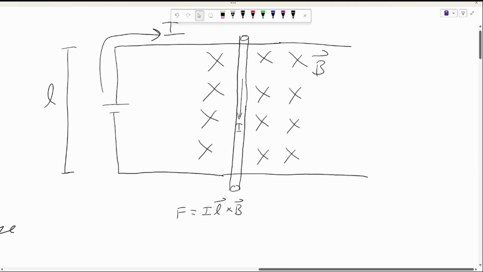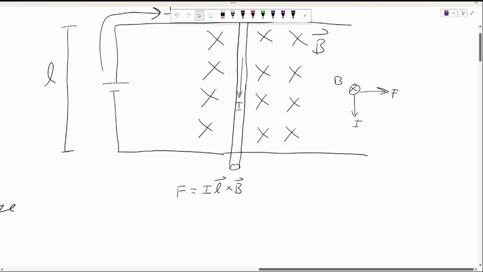First thing, you're going to want to use the right-hand rule to figure out which way the force points. If you do it the way I do it, your index finger should point down, your middle finger should point into the page with the B field, and then your force will point out to the right, your thumb.